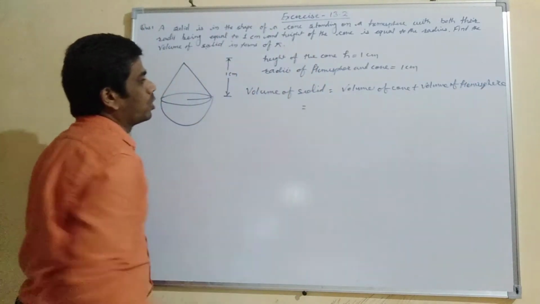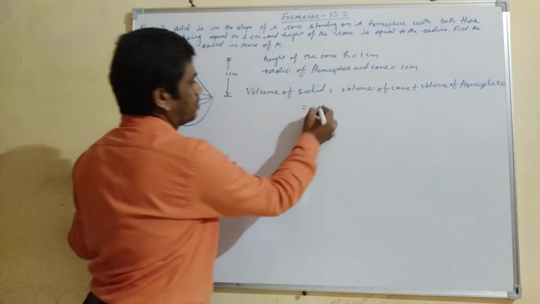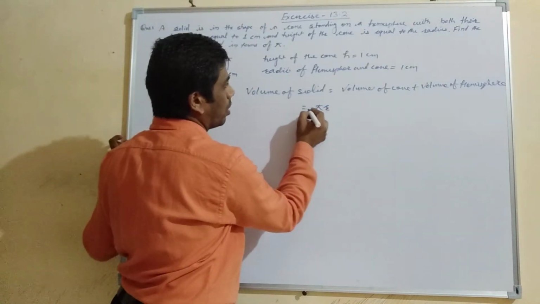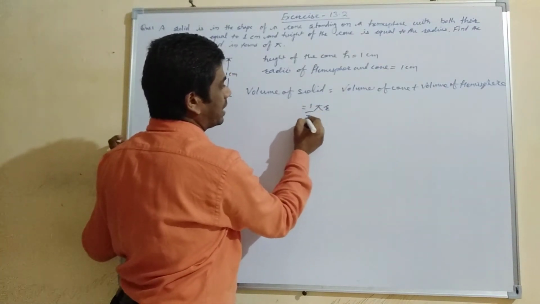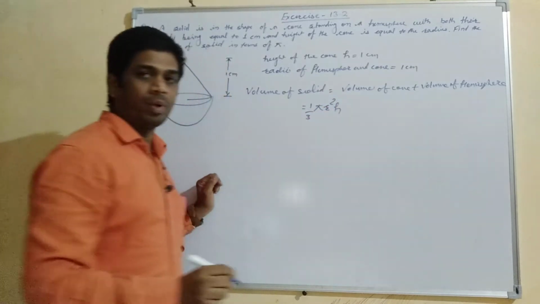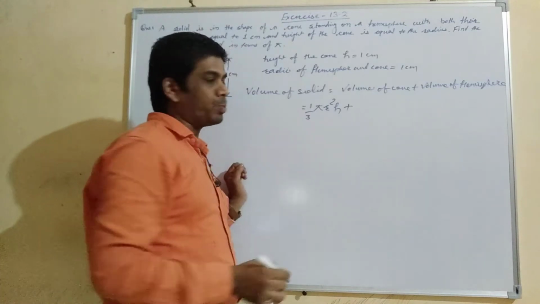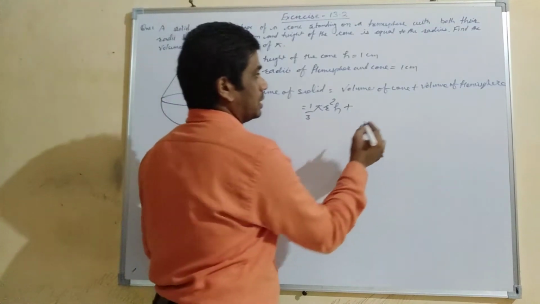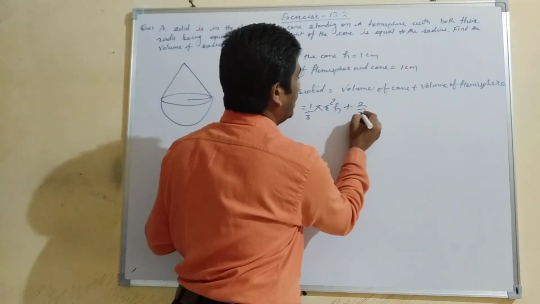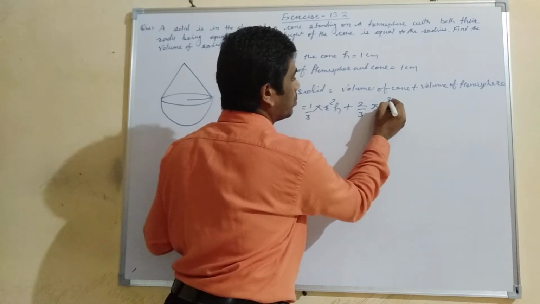Which means volume of a cone is 1/3 pi r square h, plus volume of a hemisphere is 2/3 pi r cube.